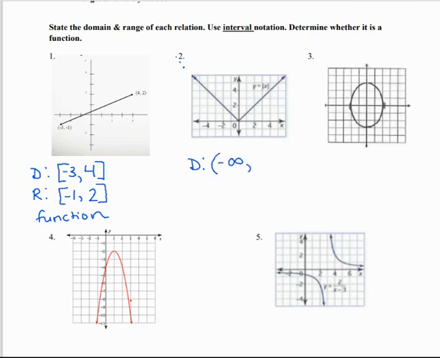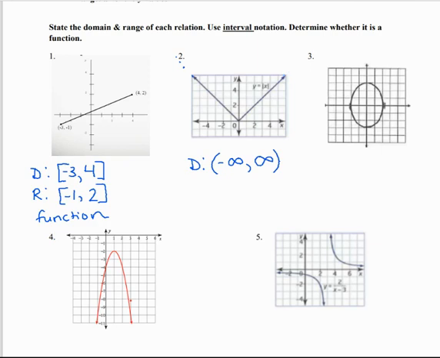Remember, with infinity symbols, we always have a parenthesis because infinity is not an actual tangible number that we can get our hands on, so we don't actually include it. Now we continue on and look as we go to the right. Are there any gaps along the way on this V? Nope. And as we go to the right, again, not only is it going up, but it's going to go to the right forever. So our domain is going to be all real numbers from -infinity to +infinity.